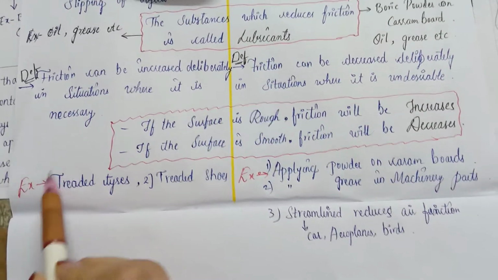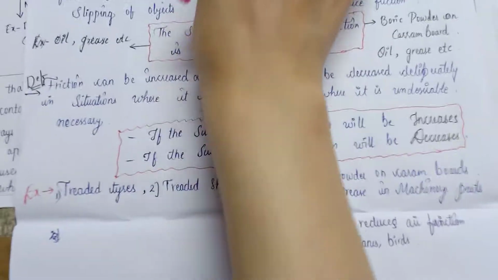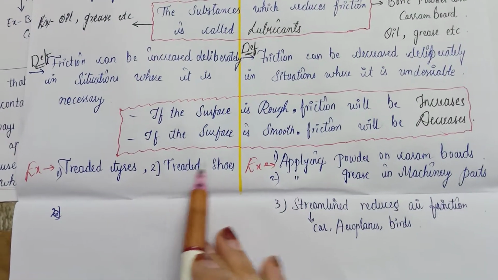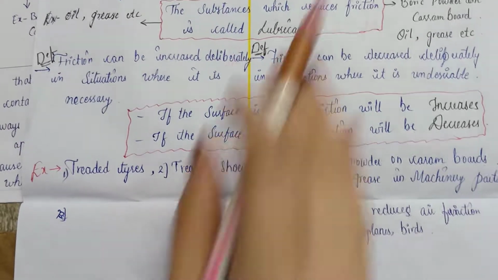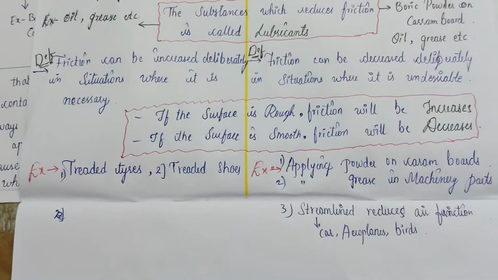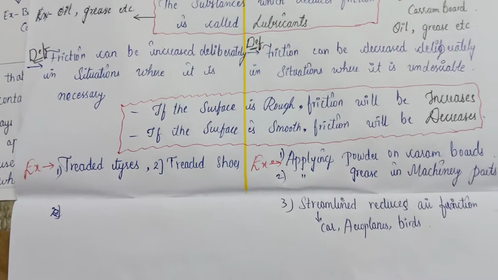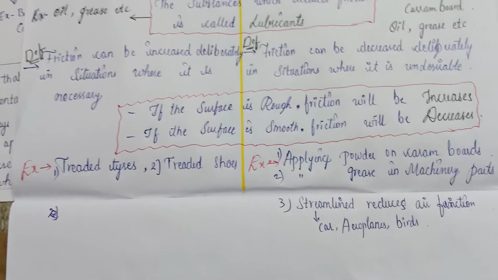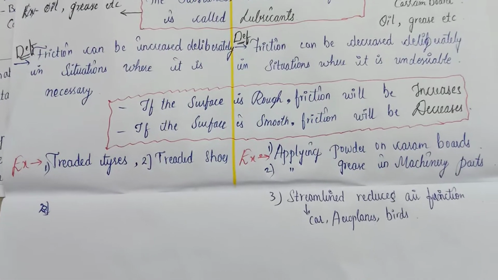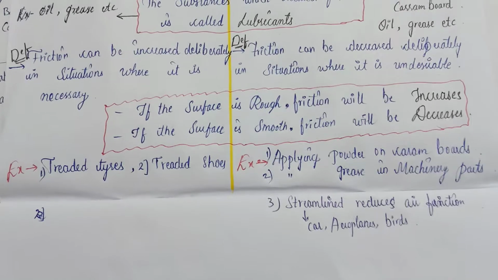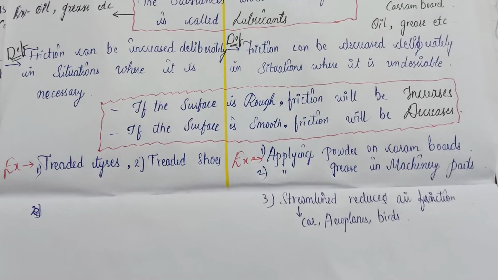Some examples of increasing friction are treaded tires and treaded shoes. First, treaded tires. These are the tires of vehicles. If you observe the tires closely, you will see that they have ridges and grooves.